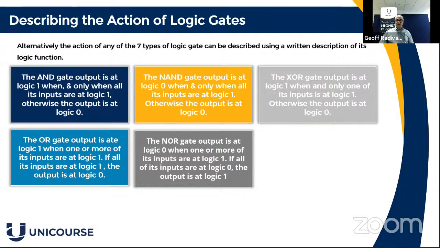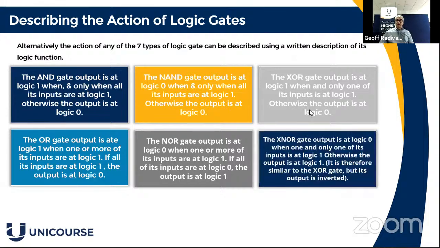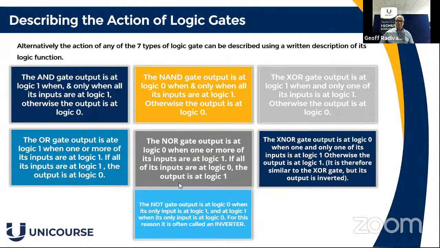And we look at the XOR gate, and that is where only one of the inputs is at logic 1, otherwise the output is at logic 0. And these two have their own sort of law they operate by. But quite often, in the real world of electronics, the most common gates we use are the AND, OR, NAND, NOR, and NOT gates. We don't often see the others, but they are used from time to time.